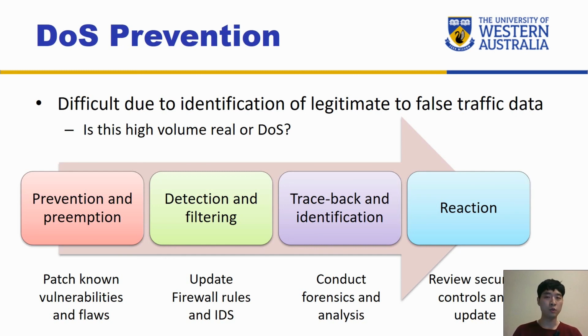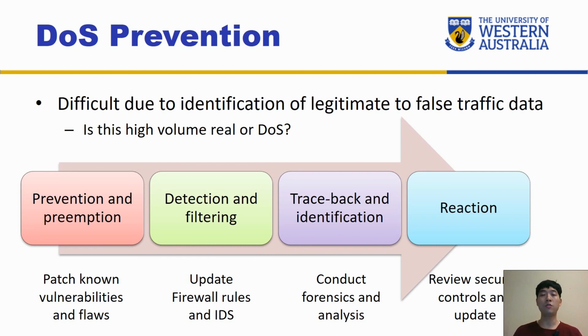Those items we'll be looking at in the next few videos. And also we need to be able to trace back and identify attacks as much as possible. Things like conducting forensics and analysis to understand where the traffic might be coming from or what it might be targeting, so to understand the scope of the attack.